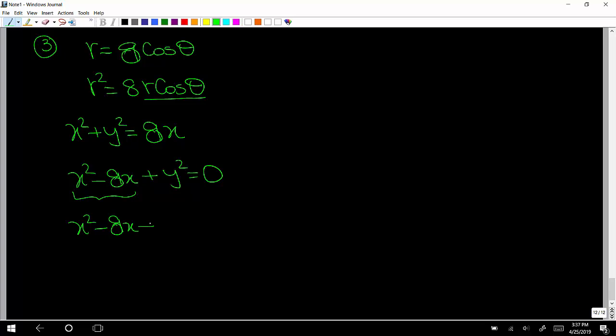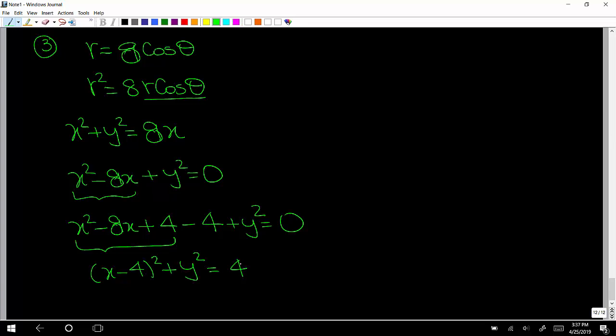So I'm going to add a 4, and I'm going to subtract a 4 plus y squared is equal to 0. So we're completing the square, so these 3 terms can be written as x minus 4 squared plus y squared is equal to 4. I'm going to move this 4 to the other side. So this is really the same as this equation.